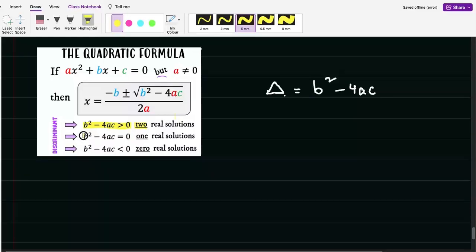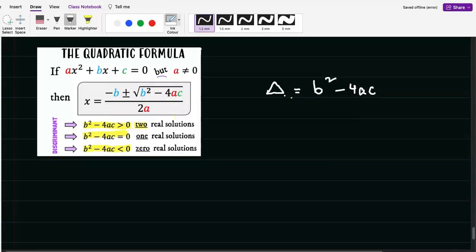Whereas if the discriminant is equal to 0, then there is only one real solution. If the discriminant is less than 0, it means there are no real solutions. Understand? So okay, we'll do some problems on this quadratic formula as well as the discriminant. Once we do some problems, then you will understand how it is useful.